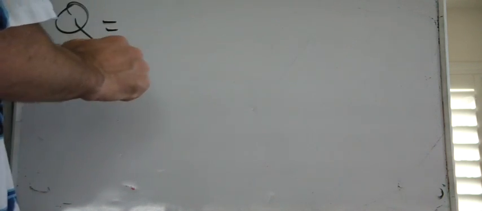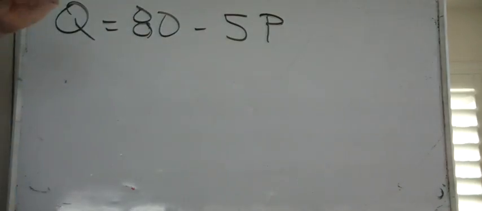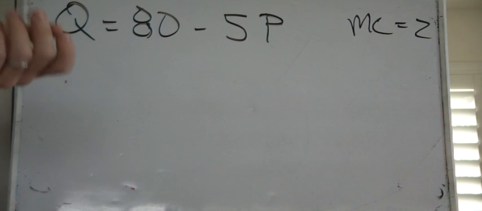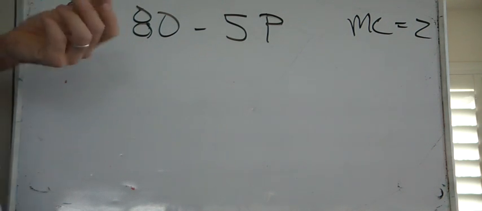I'll do an example. If the quantity demanded is something like 80 minus 5 times the price, and I know that the marginal cost is equal to 2, for instance, as just an example, you can ask what price and quantity maximize my profits.